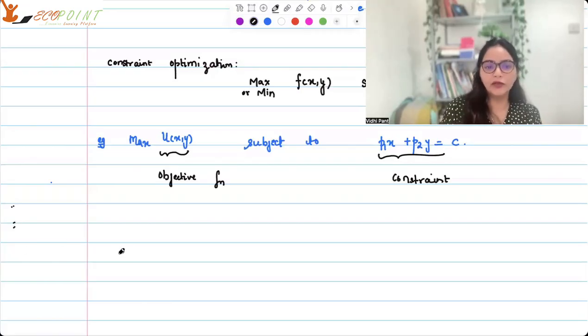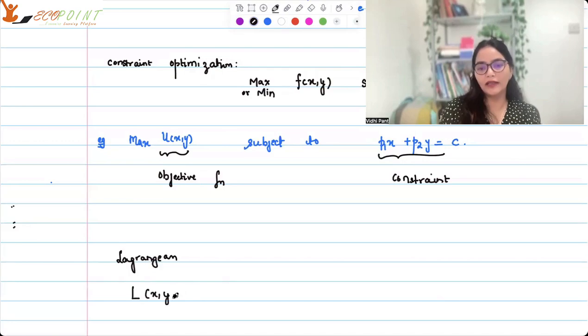So what we do here is we create the Lagrangian, L. We are taking x and y as those goods, and lambda is the Lagrange multiplier.